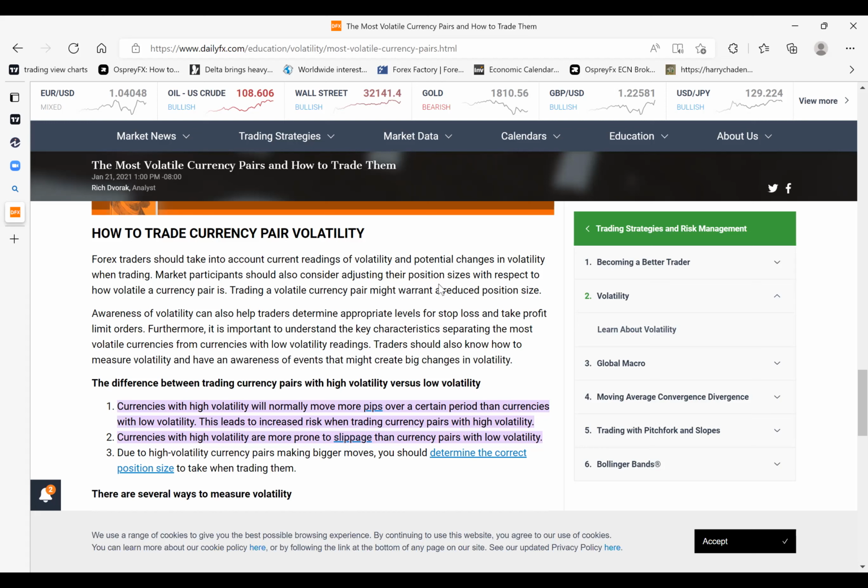So anytime there's uncertainty, like when they flew those planes into the trade center, people take their money out of everything else and put it in the yen. When coronavirus hit, the yen. When the war hits, the yen. When China screws up with the real estate market, the yen.